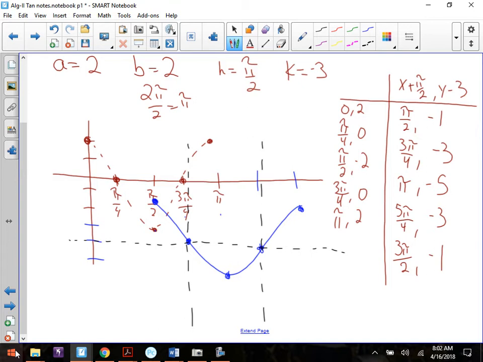So I know that these 2 points become the inverses, which means this graph, instead of being up here, is going to go like this. Oops, I got to change color, sorry. Goes up and down and dives up.